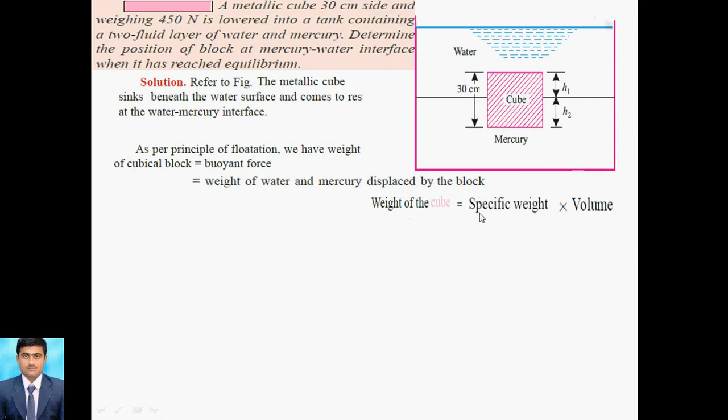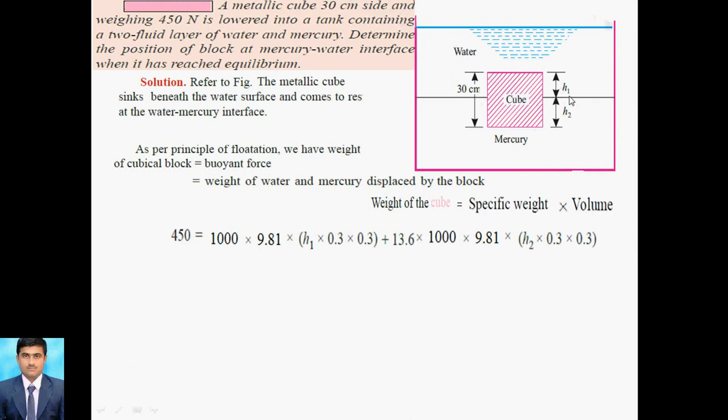That's why the weight of the cube is equal to specific weight into volume. So first of all we go for specific weight, that is rho g. First we consider water, so rho g h1.